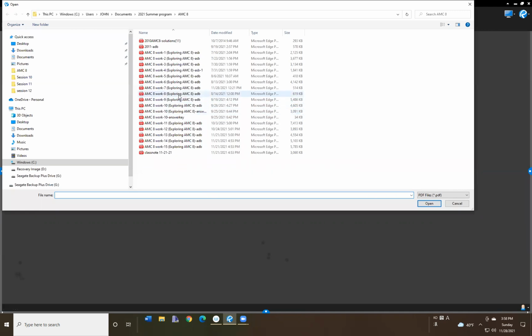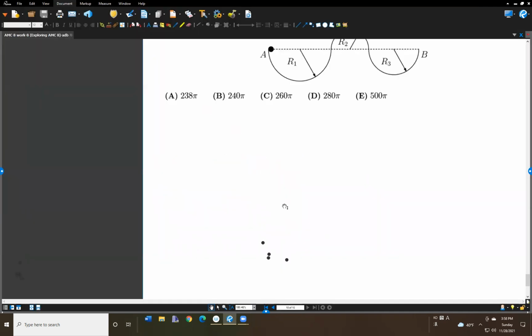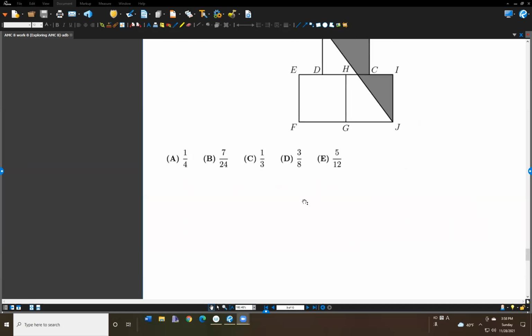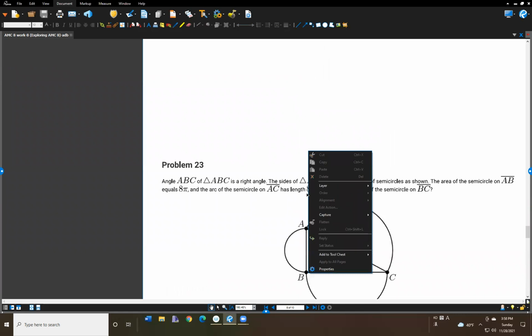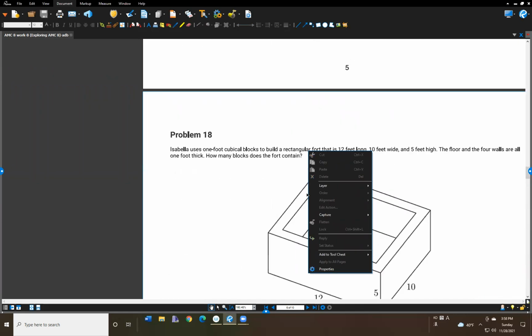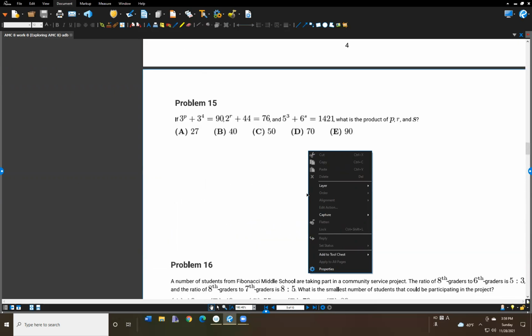Now the next one is the 8. Can you delete this one? My annotate is gone. Okay, try. Did you delete it? Okay, very good. All right, this we didn't do. Oops, wow, we didn't do a lot on this test.